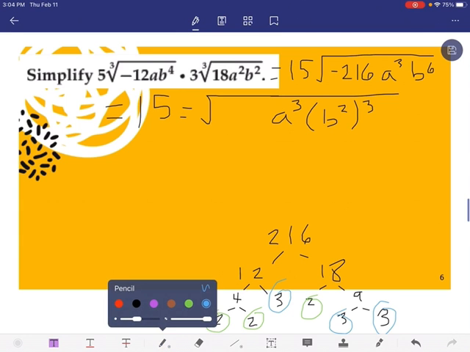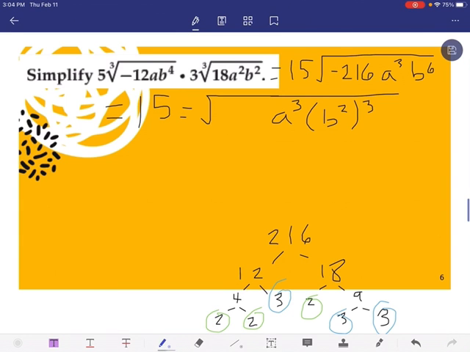And that's helpful because now we can rewrite this as, we need to put a negative in front of one of them because our 216 is negative. But we can say that this is negative 2 to the third times 3 to the third.